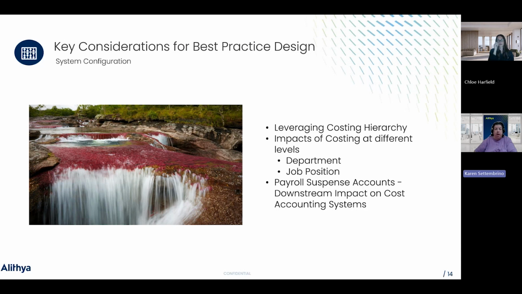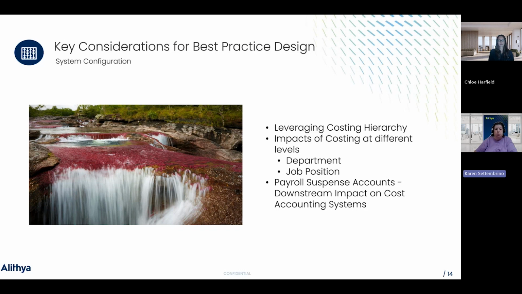Where we post and where we place the different segments of the chart of accounts and the cost allocation key flex field has a very, very significant impact on how the GL account string works for each individual earning, tax, deduction, employer liability. Oracle costing for payroll is a dual entry.